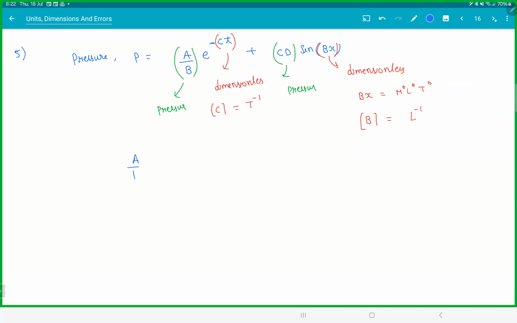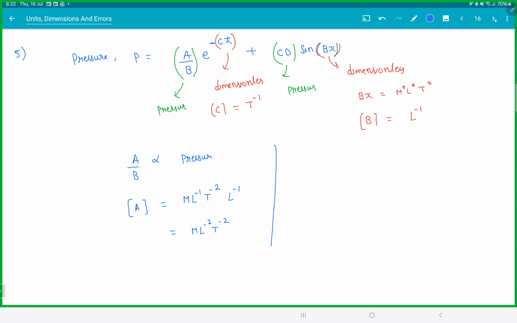So this A by B is proportional to pressure. So dimensions of A would be, pressure's dimensions are what? Force by area, M L minus 1, T minus 2, and B is again L minus 1. That's right, M L minus 1, T minus 2.